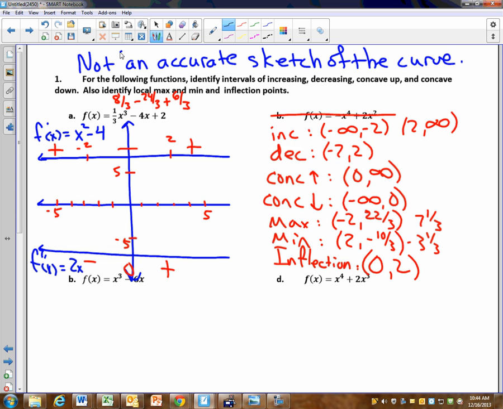Inflection point at 0, 2, I'll put that spot there. A max at negative 2, 7 1/3, up there. Then 2 and negative 10 thirds and negative 3 1/3, about there.